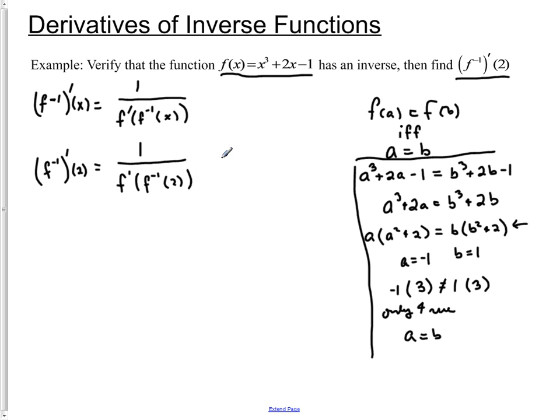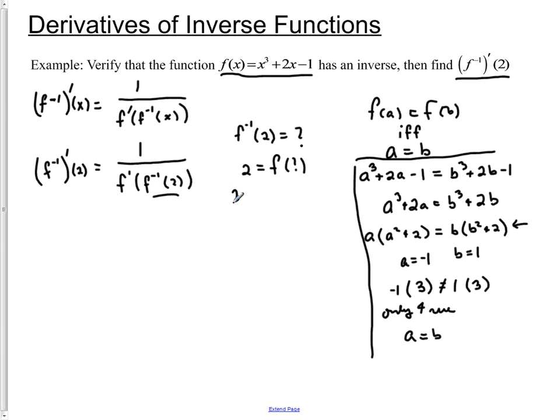All right, so there's sort of our issue. What is f inverse of 2 going to be equal to? Well, f inverse of 2 would equal the same number that f of that number would equal. So we want to figure out, well, what will give us 2 right here?